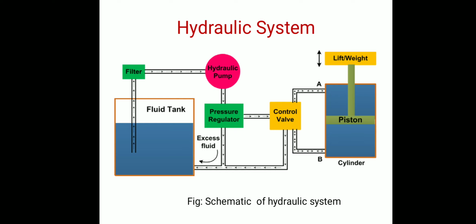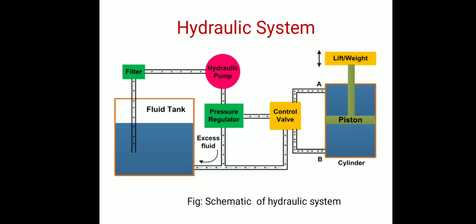The pressure can be maintained by the pressure regulator based on the requirement in the industry. The control valve will allow the hydraulic fluid to flow towards A or towards B. That is the purpose of the control valve. If any excess fluid is there, it will be sent back to the fluid tank.